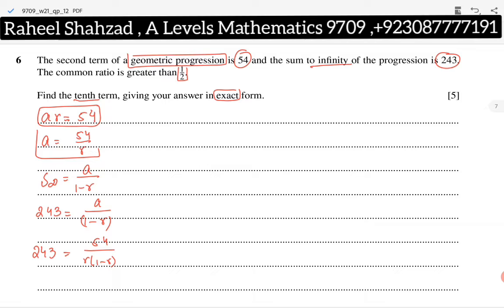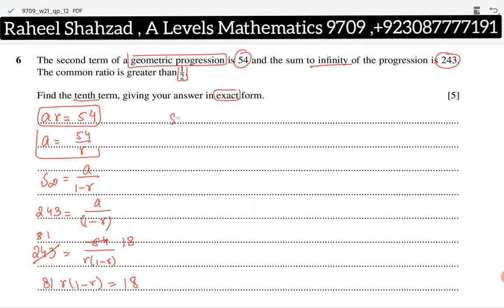We're going to simplify it, and in order to simplify it, we can cancel it with 3 ones are 3 and 3 8s are 81. So it is 81, and you cross multiply R into 1 minus R, that is equal to 18.